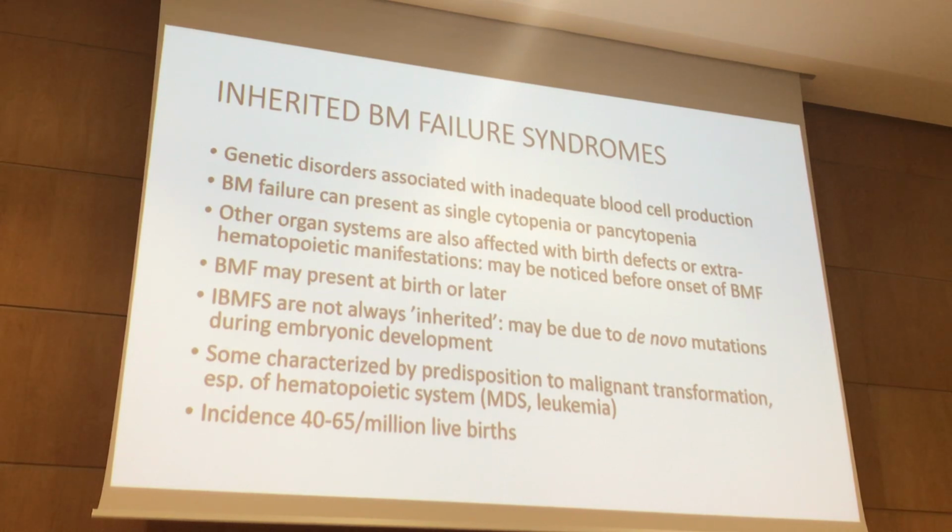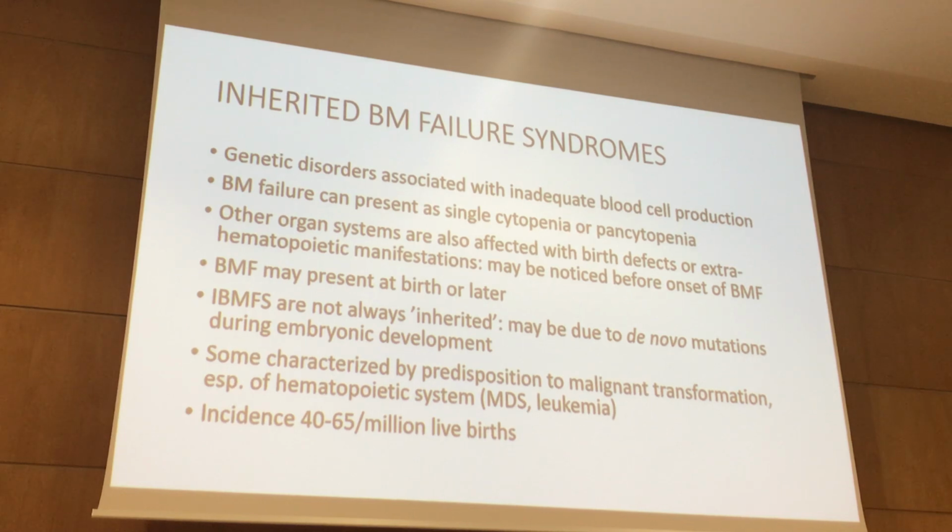And in addition to those physical findings, bone marrow failure will be associated, but bone marrow failure may not be evident at birth. It may present after the age of 4, 5, 6, 7 years of age.